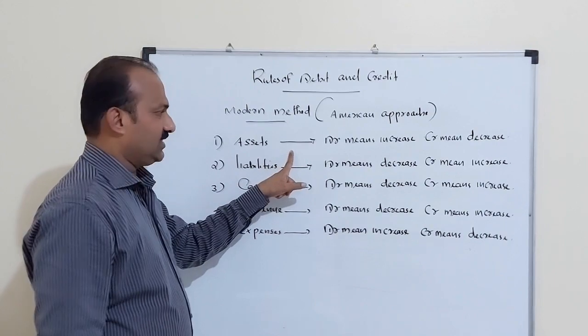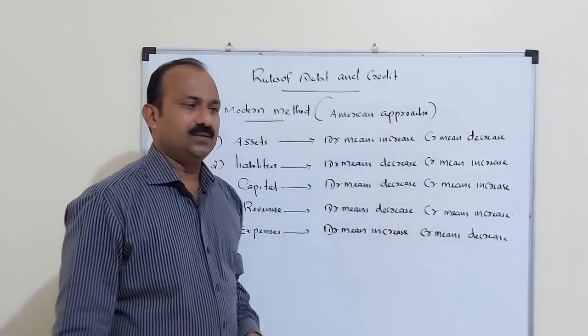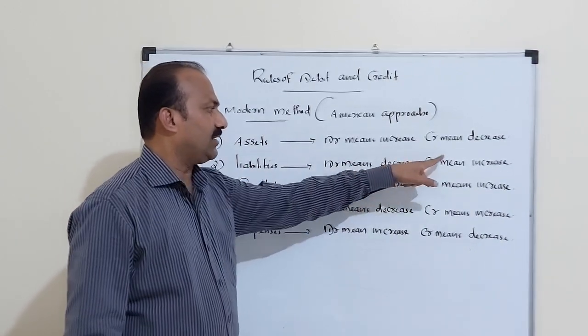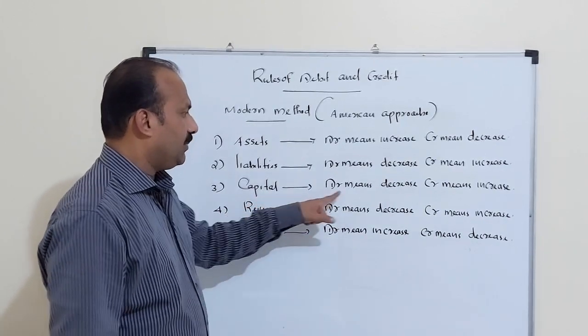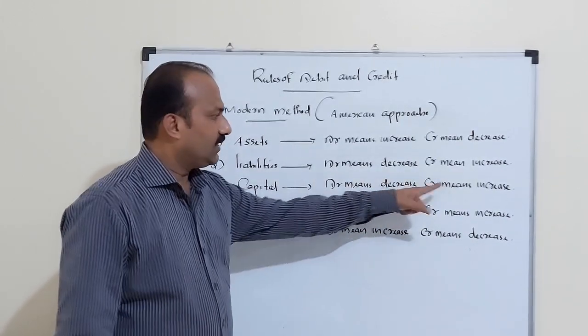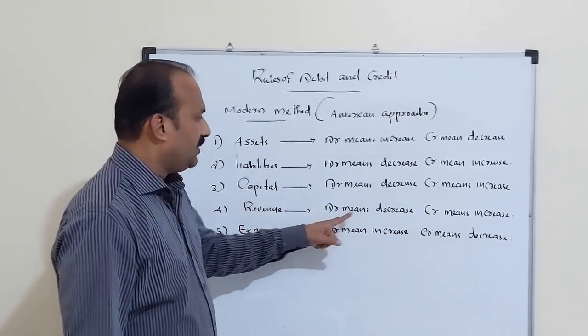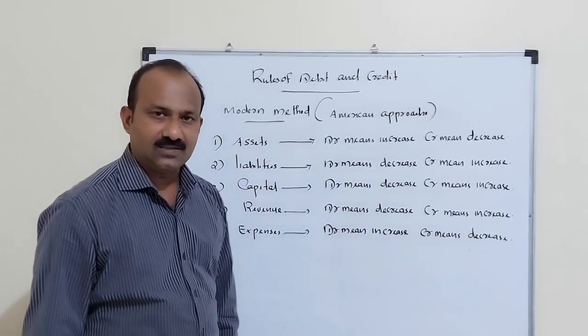In the case of assets, debit means increase, credit means decrease. Liabilities: debit means decrease and credit means liabilities are increasing. Capital: debit means capital is reducing, credit means capital is increasing. Revenue: debit means decreasing and credit means your income is increasing.